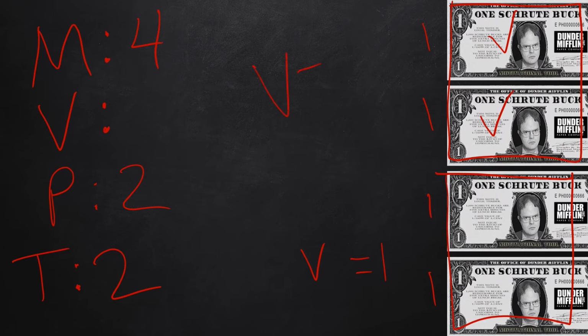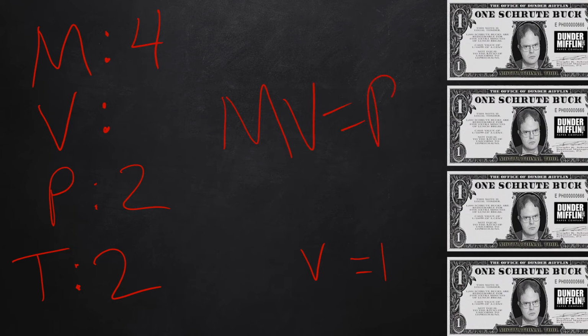Well, it's 1. And so we can see here that this relationship, MV equals PT, is true by the way that we define our variables. So this equation of exchange is true by definition, and it can help us understand what the other variables actually represent.